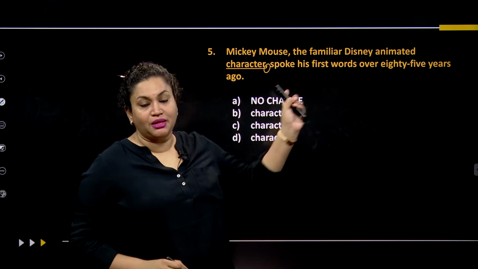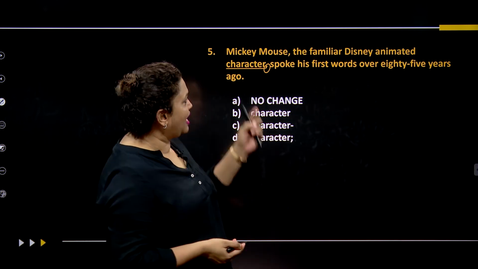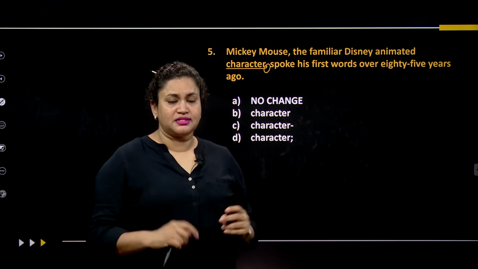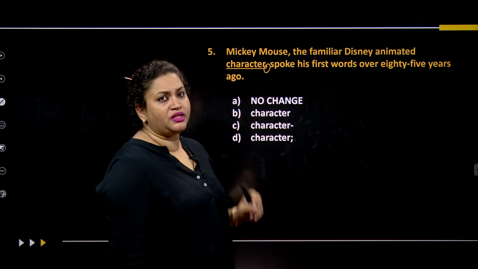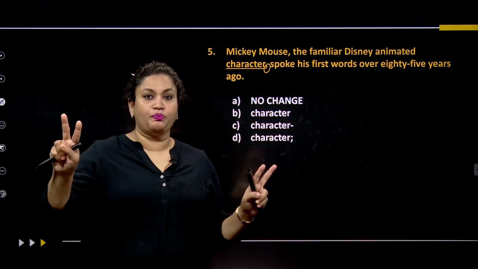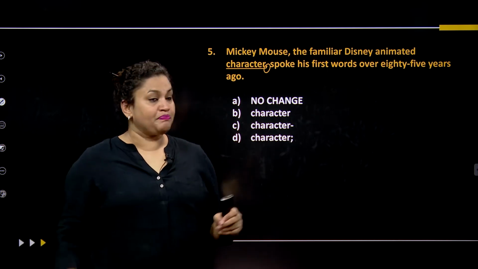The familiar Disney animated character is an aside, and after an aside we put a comma. Now Mickey Mouse spoke his first words over 85 years ago makes sense. We are giving more information about Mickey Mouse. Therefore, any information that is kept between two commas can be removed and a continuous sentence can still be made. That is the logic.